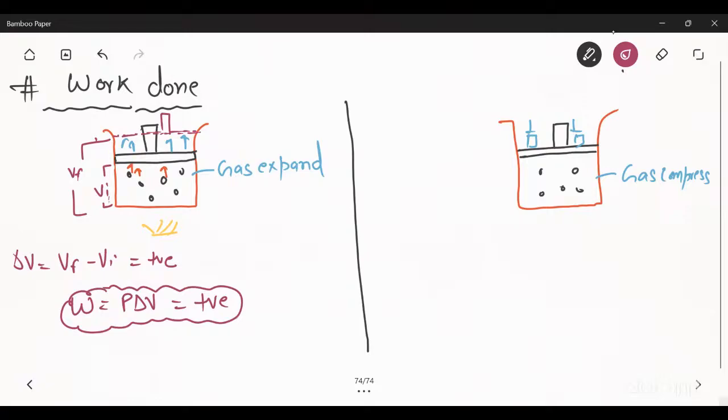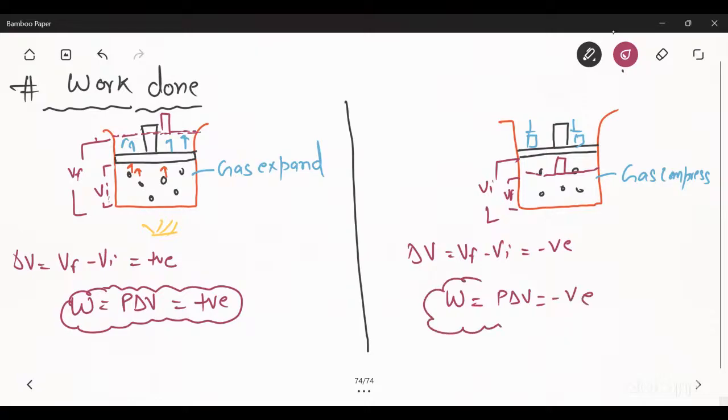And if you compress the gas, it will come after some time to here. That means this is its final volume and its initial volume is here. So the change in volume, V final minus V initial, is negative. That's why the work done in compressing the gas, P delta V, is always negative in this case.